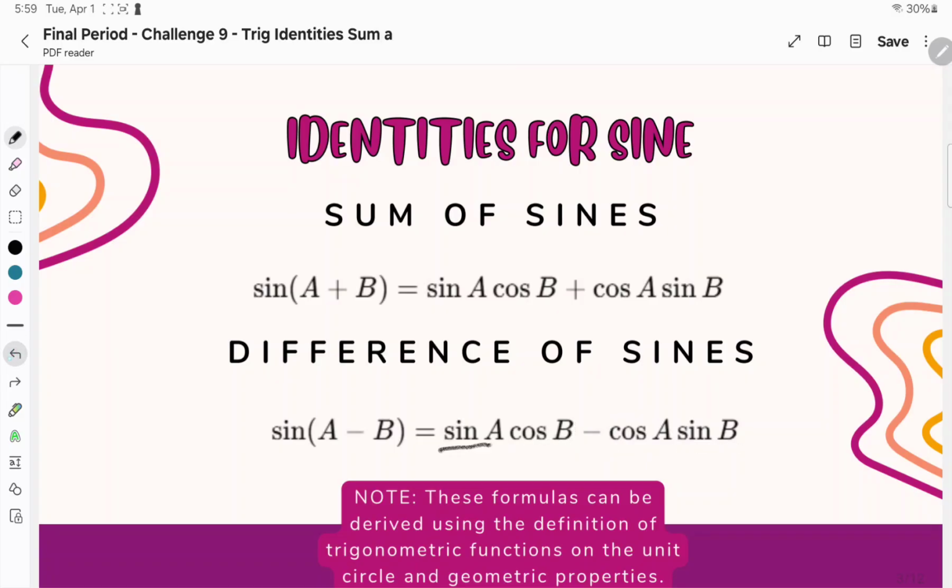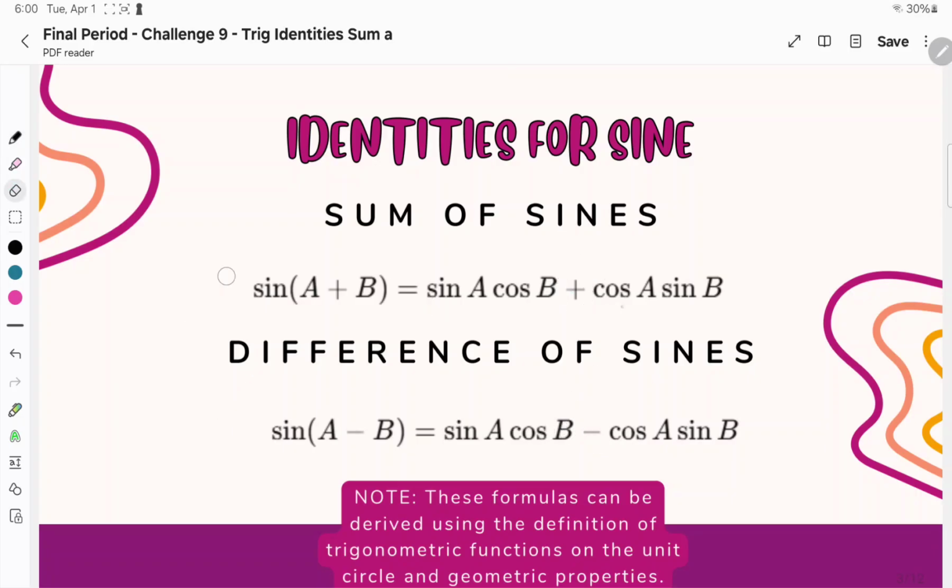So as you can see, these two formulas are almost the same. We have sine, cosine, cosine, sine, sine, cosine, cosine, sine. But in the addition, in the sum formula, we have a plus, and in the difference formula, we have a minus. So they are really easy to remember, okay?